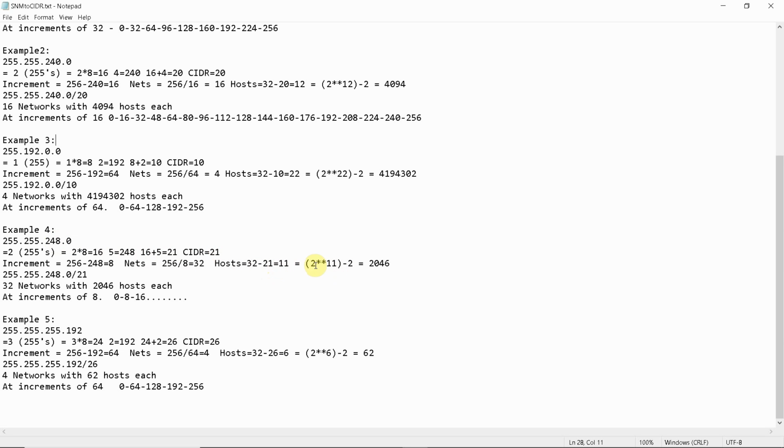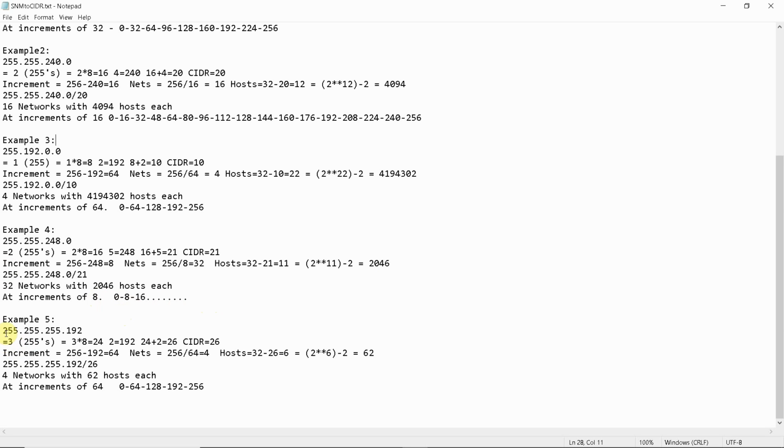That's our host. 2 raised to 11 minus 2 is 2,046. Using the rest of the formulas that I showed you in the previous example, you know how to figure all this out. So we've got 32 networks, 2,046 hosts each. 32 networks, that's a lot. Increment of 8, 0, 8, 16, all the way out.